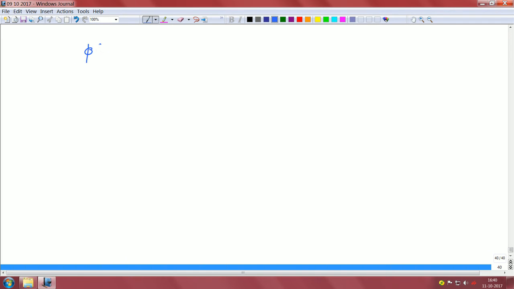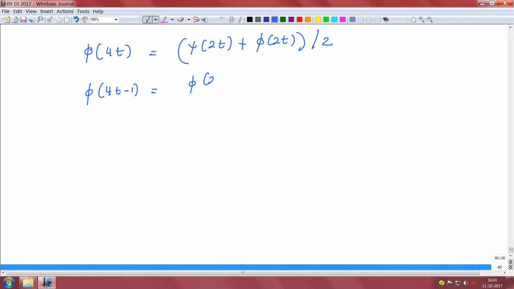Now, phi of 4t is basically (psi 2t plus phi 2t) upon 2, and phi of 4t minus 1 is (phi of 2t minus psi of 2t) upon 2. Now, how would I do phi of 4t minus 2?